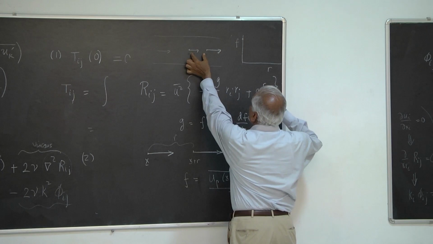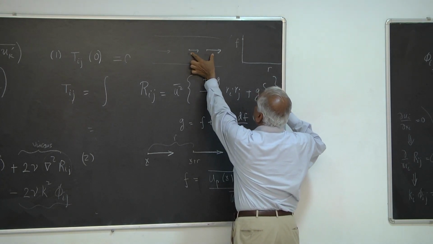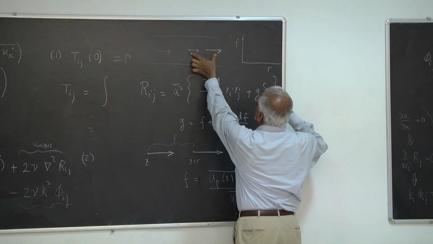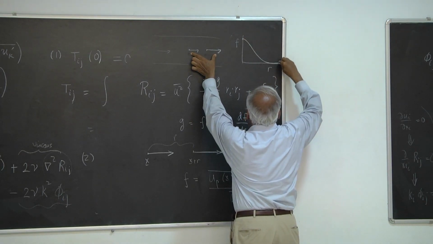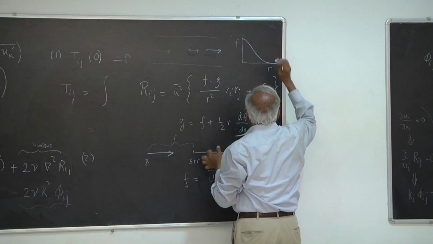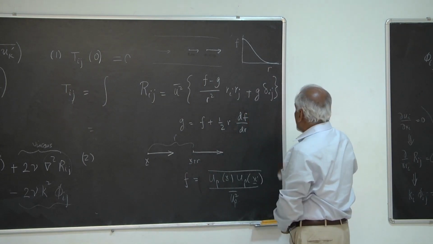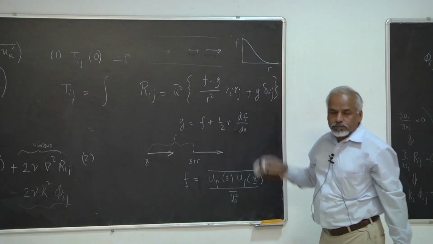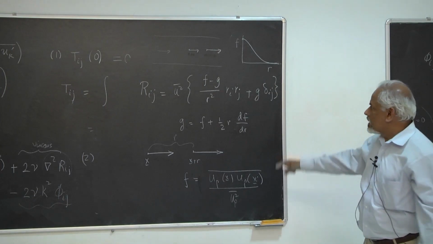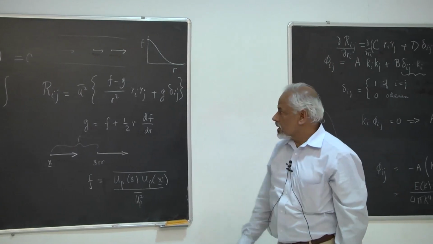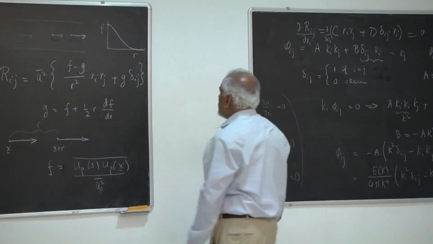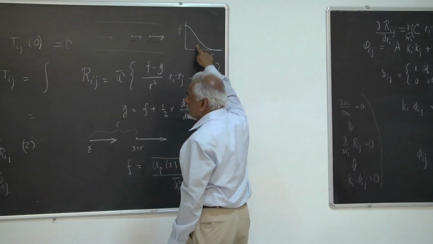And as you traverse the distance, it will go down monotonically. Our understanding is that it will never go negative, but nobody has been able to show that it is never negative. So that's how the behavior of f is.